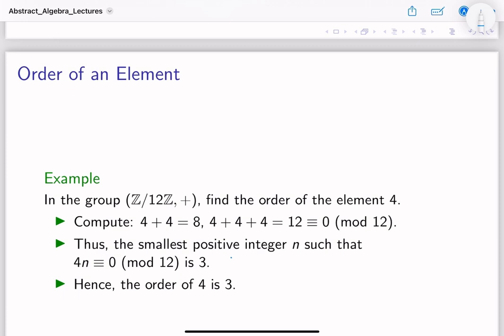Alright, so the next thing we want to cover is the so-called order of an element. So let's do this. Here's the definition.